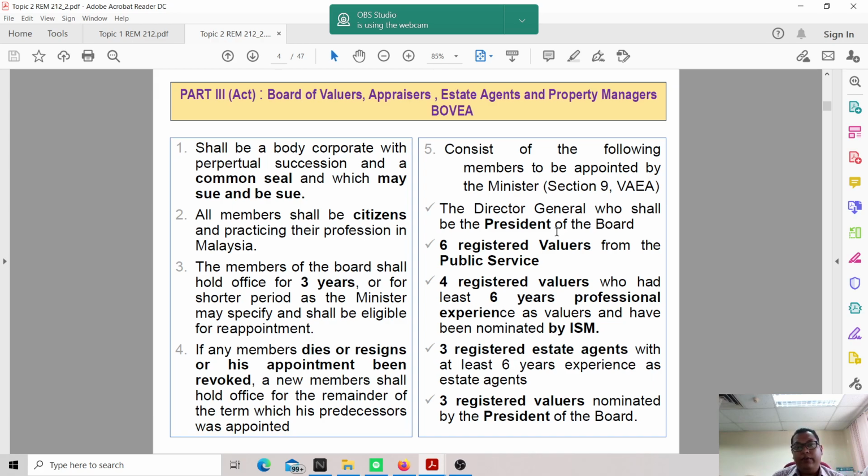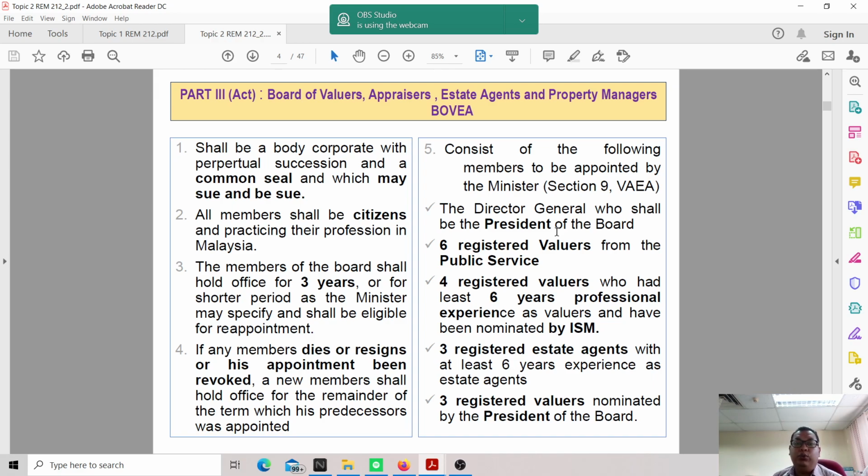Okay, and then we have another 6 registered valuers from the public services, either from JPPH or from the local authority or statutory bodies, like KWSP, Lembaga Hasil Dalam Negeri, or even Lembaga Kereta Api Malaysia, and from public institutions also, like UiTM, UTHM, or even UTM, whereby they are also considered part of public services.